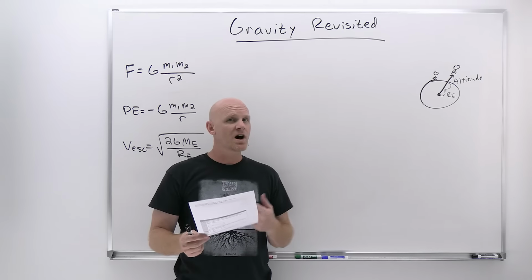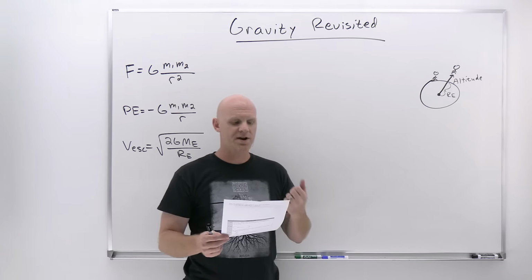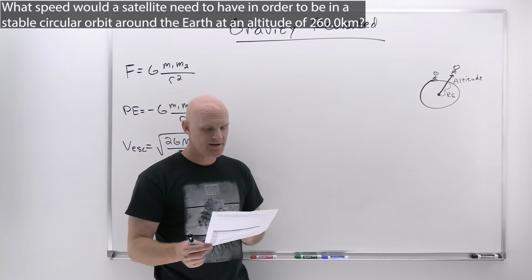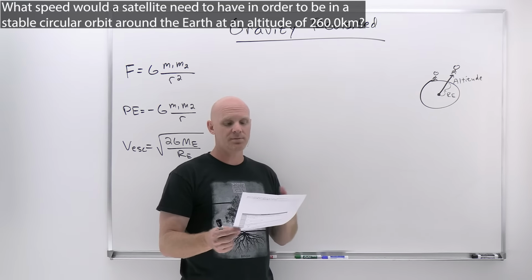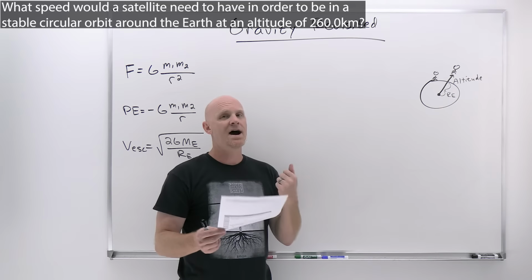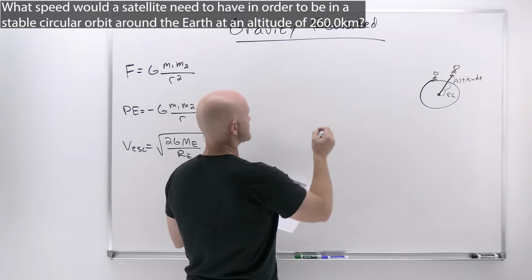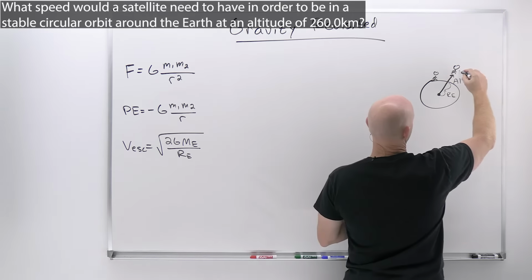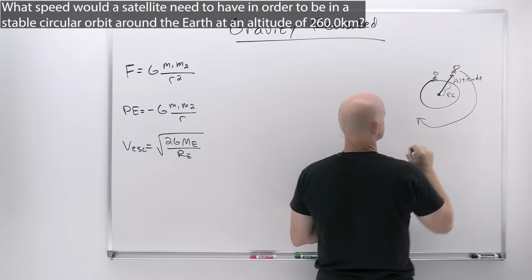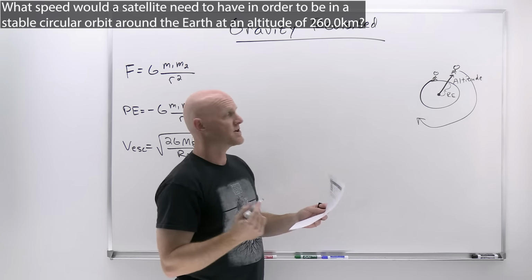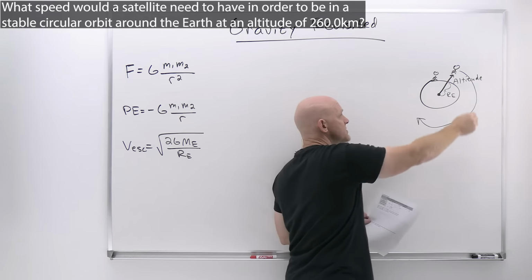So now that we've dealt with a common orbit altitude of 260 kilometers, we're now going to say, what speed would a satellite need to have in order to be in a stable circular orbit around the Earth at an altitude of 260.0 kilometers? So in this case, again, envision some guy in a spacecraft, or in this case, a satellite going around the Earth. And he's undergoing uniform circular motion.